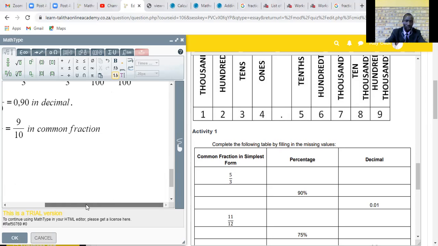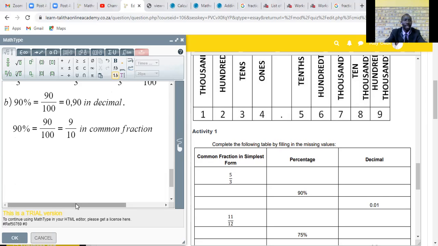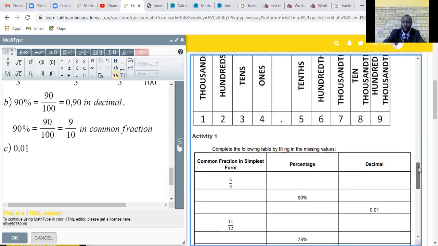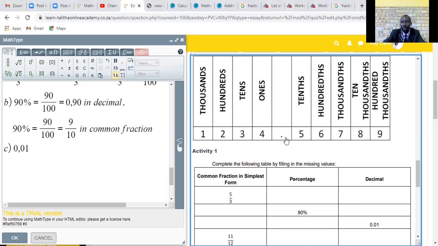Now, the next thing we want to do is activity 1 part C. Now activity 1 part C, well, part C is given in what? In decimal fraction. So what do we have? We have 0.01. Okay, so we get back to this table here. Now notice that from the table, if we have 2 numbers after a decimal point, for example, in this case, we have two numbers, the second number being 1.